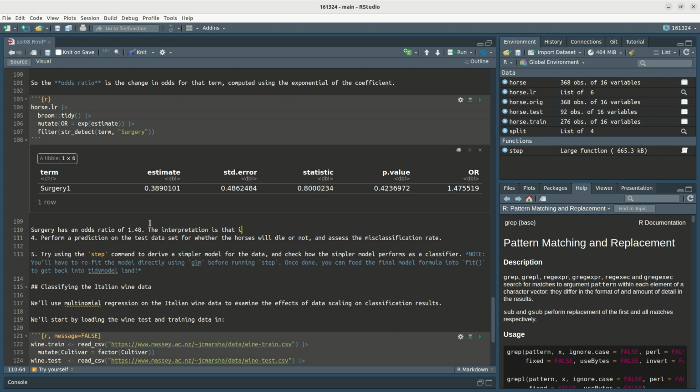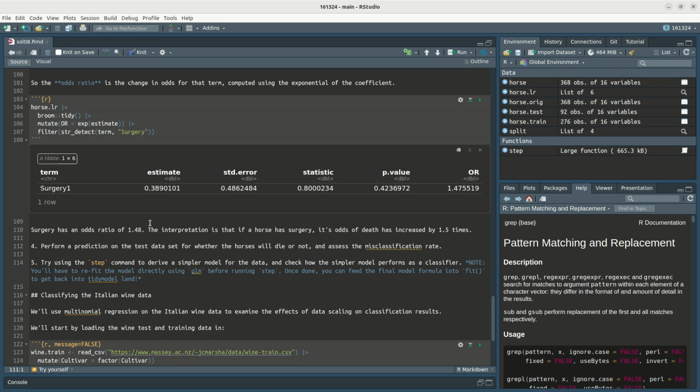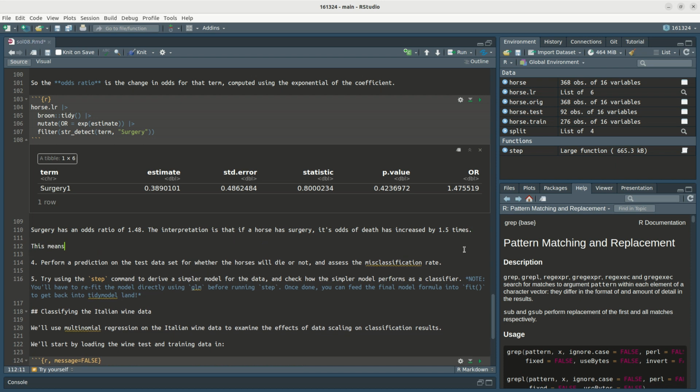The interpretation is that if a horse has surgery, its odds of death has increased by 1.5 times. So essentially, the odds of death is increased by 1.5.